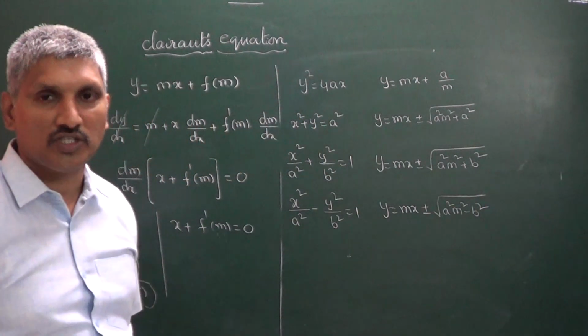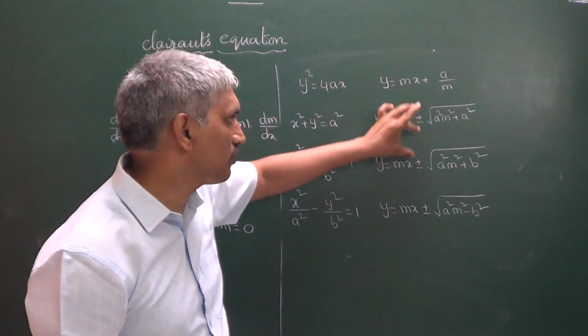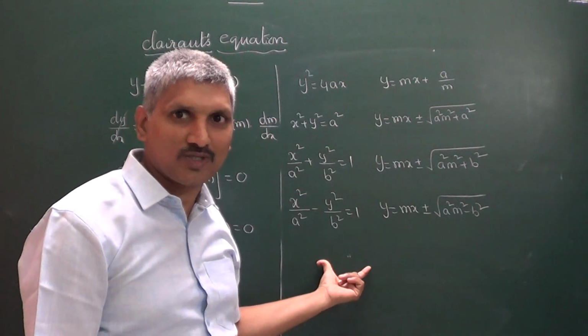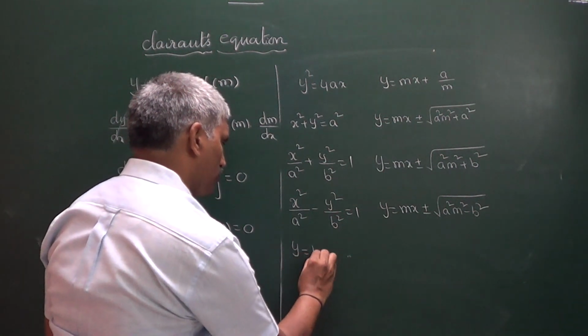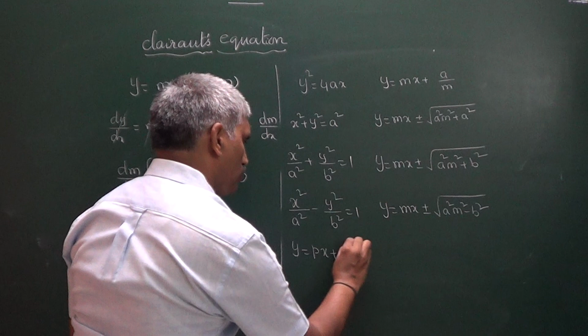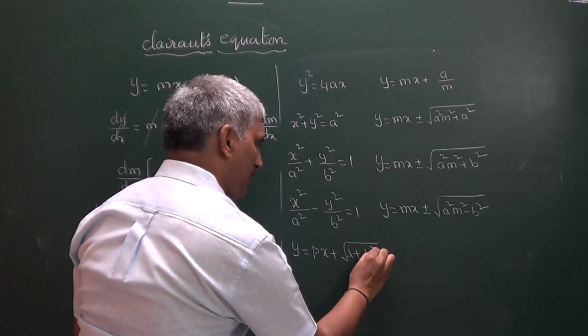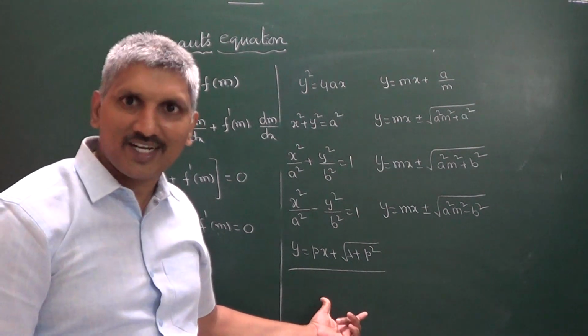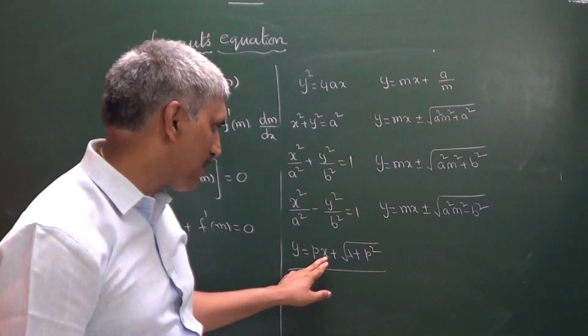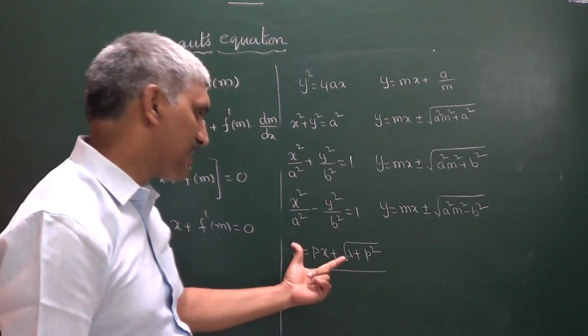So if you know this information, just by observing the equation we can identify the curve, right? Let's have one question discussion here. y = px + √(1 + p²). Tell me, the general solution. This is a Clairaut's form, y = mx + f(m), Clairaut's equation.